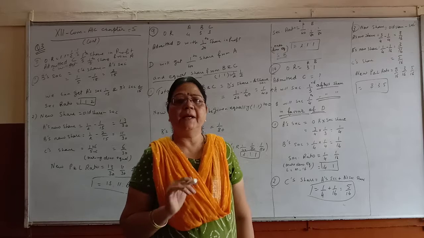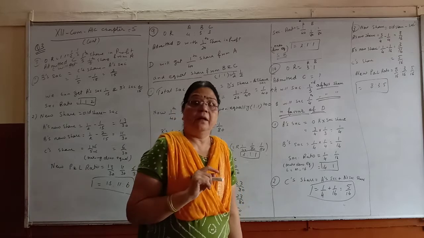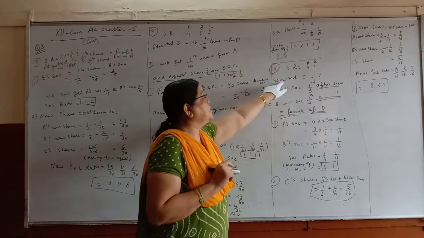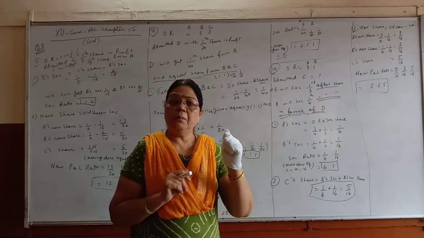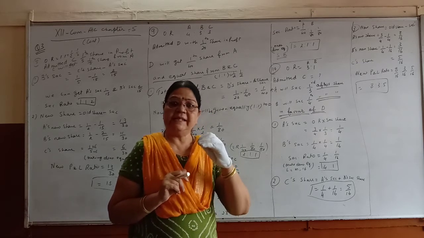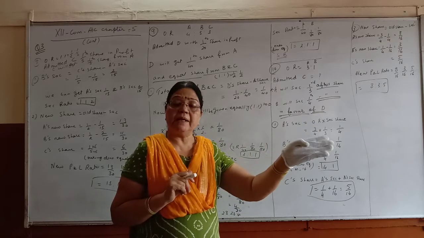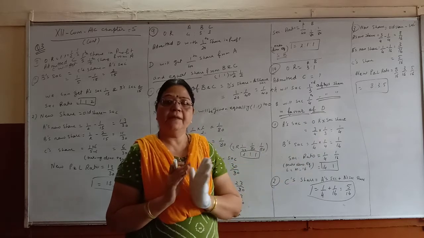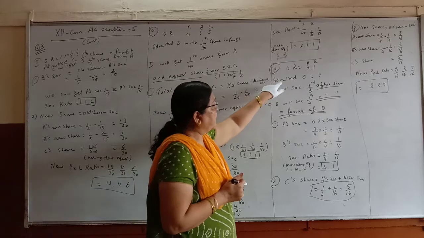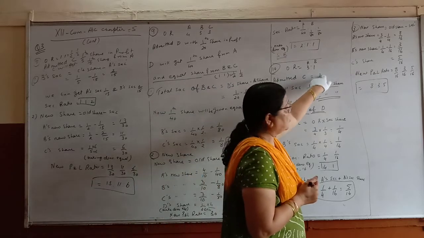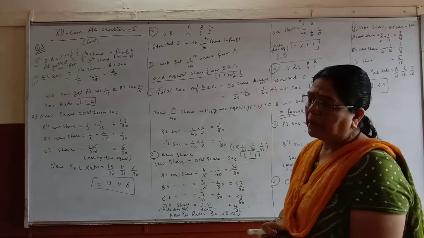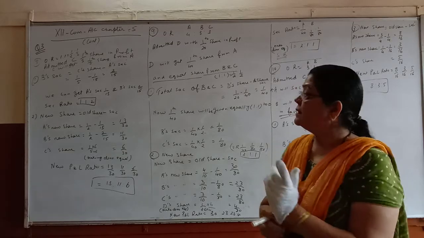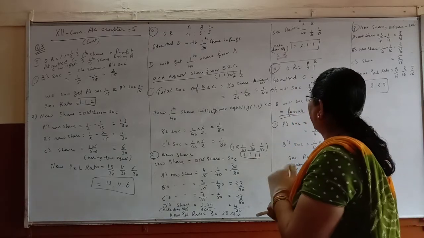It was given, but in this sum, the new partner's share is not given, and the old partners' sacrifice is equal to the new partner's share. So in this sum, new partner admitted C, I have put a question mark. We don't know, we have to find out. But they have given the sacrifice of A and B.